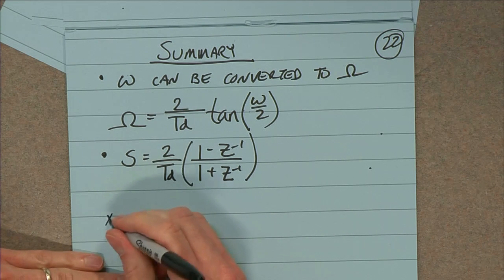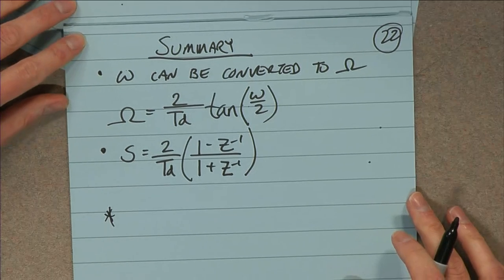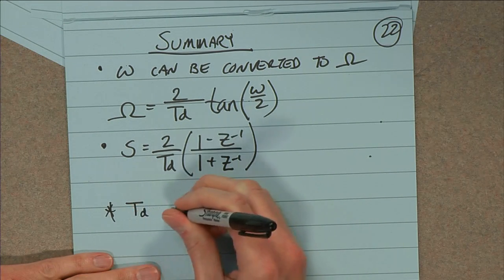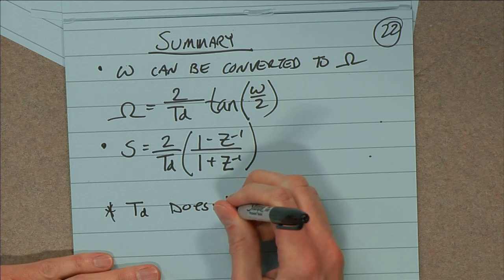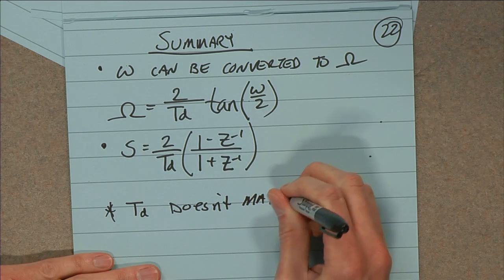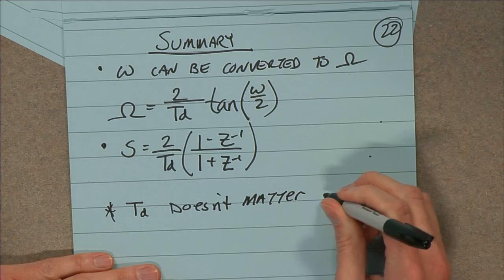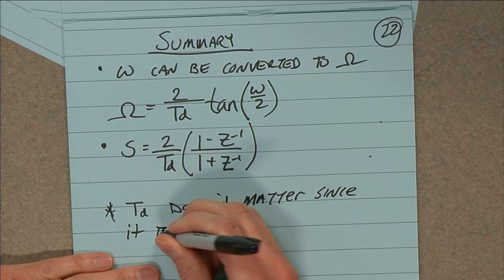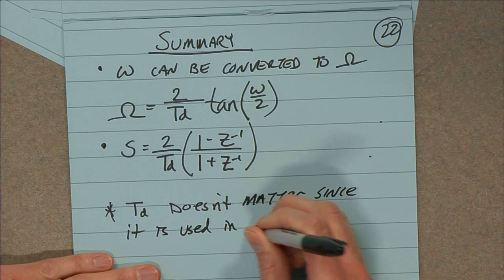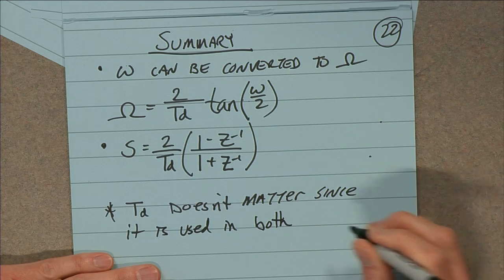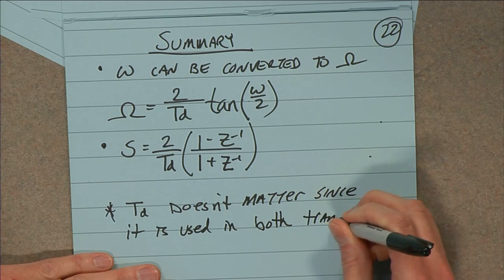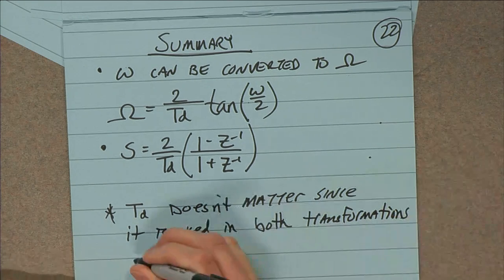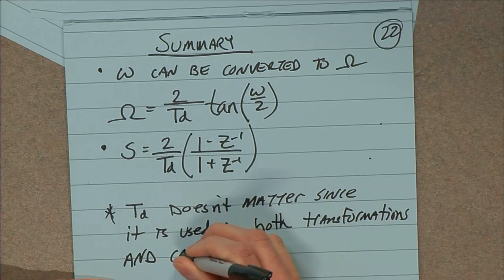And then one of the takeaways, which is not intuitively obvious, but you might have guessed, is that TD doesn't matter, since it is used basically in both transformations and cancels out.